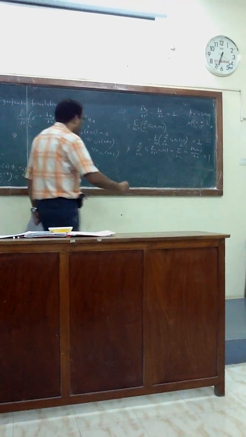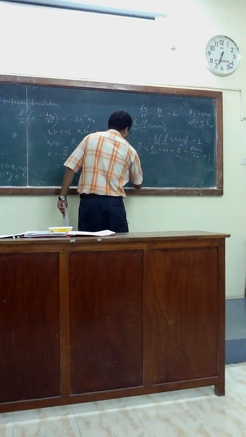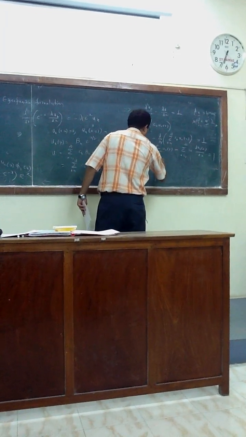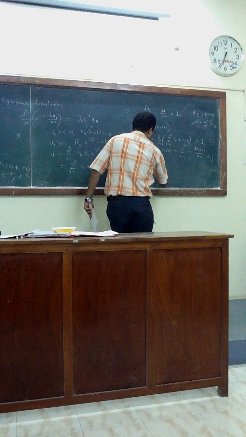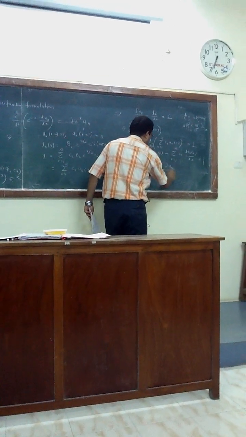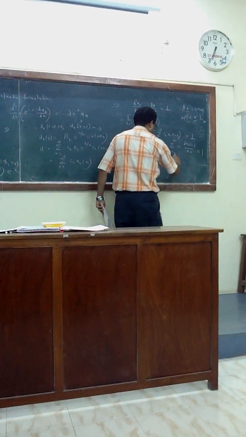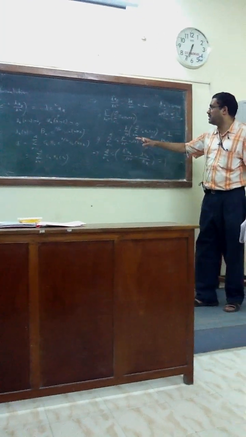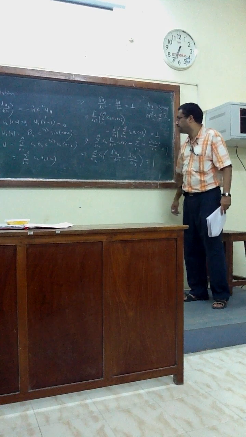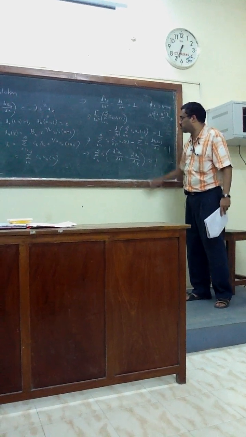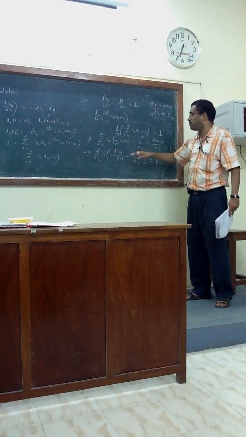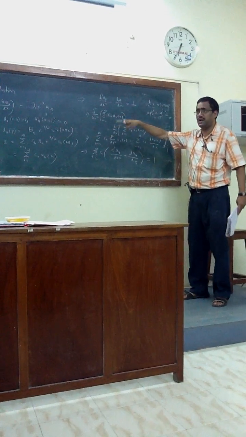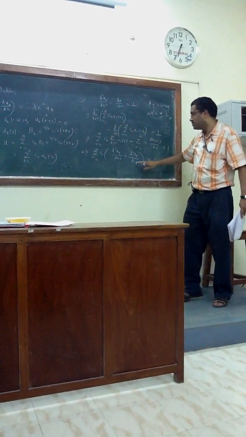Very interestingly, summation n equals 1 to infinity C_n in bracket d2u_n by dx square minus du_n by dx equals 1. And then you multiply both sides. If you multiply by e to the power minus x, you will get d by dx of e to the power minus x du_n by dx. Okay, so what is that thing?